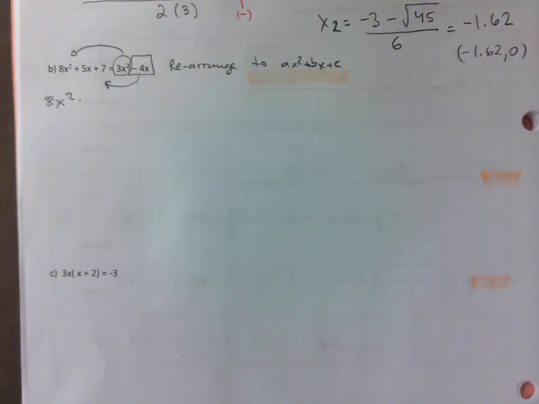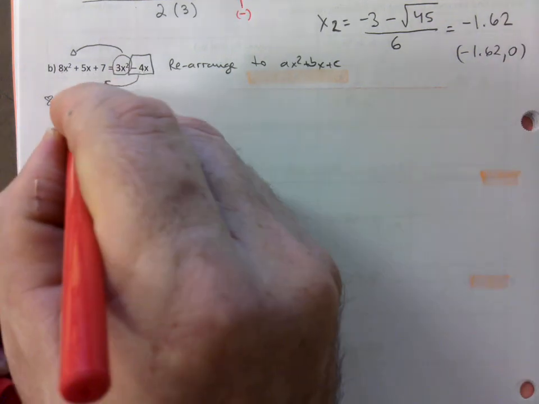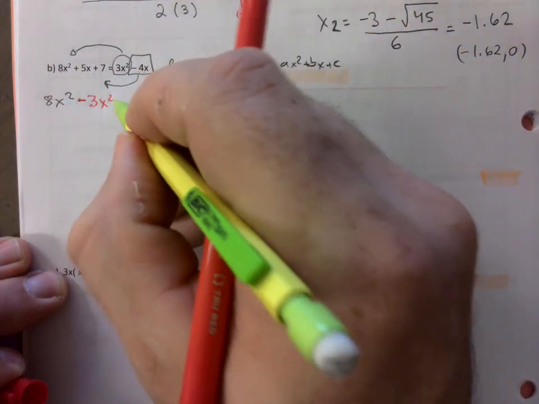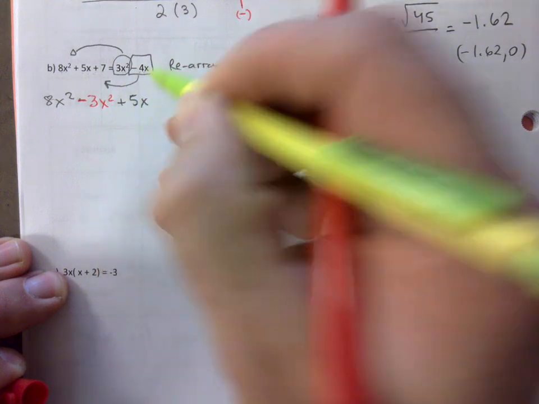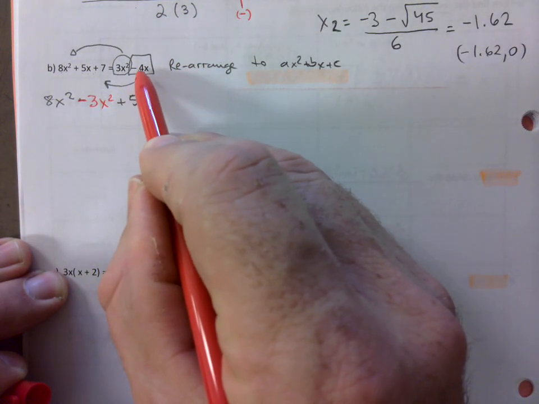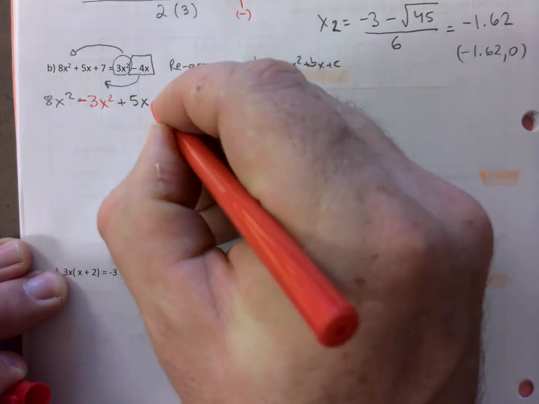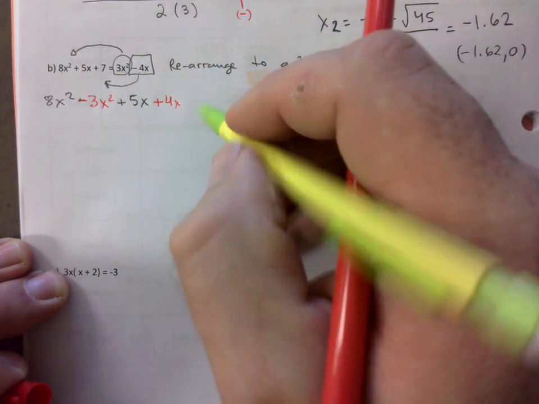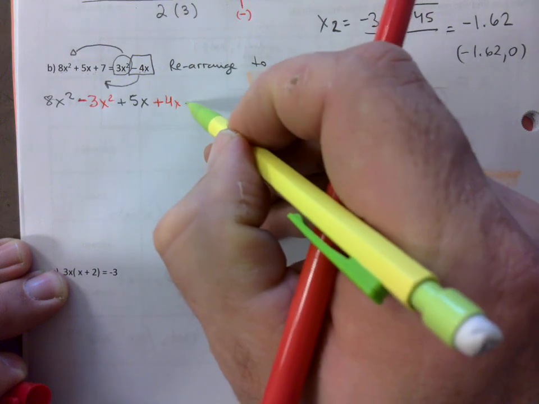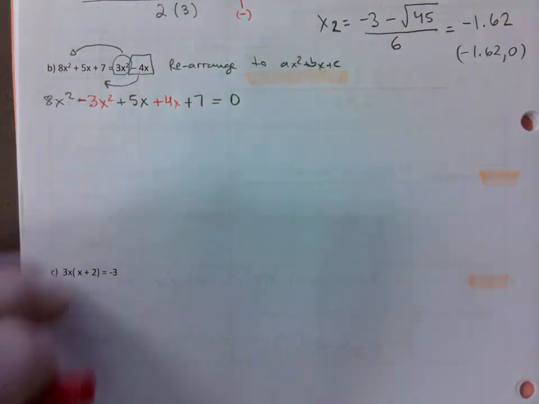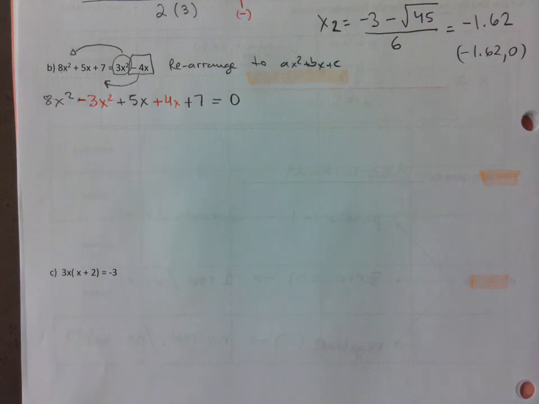So maybe I'll use a different color for that one. Plus 5x. The negative 4x is negative on the right side. When it comes over, it will change the sign. So it's positive 4x. And the 7 is already there. And now that you've brought everything over to the left side, you end up with 0 on the other side. That's exactly what you want.